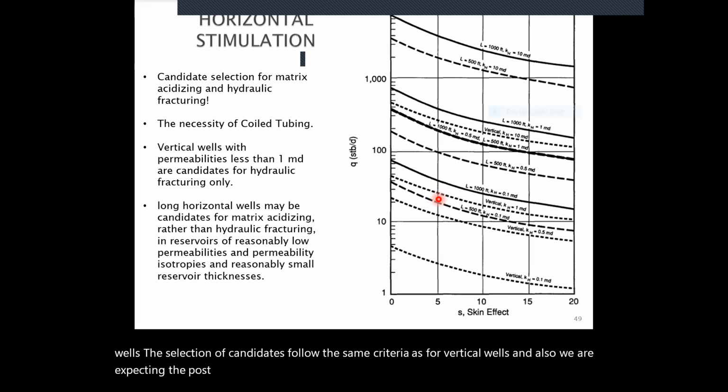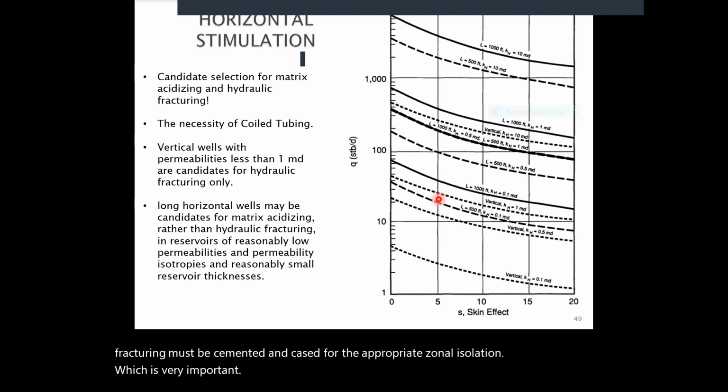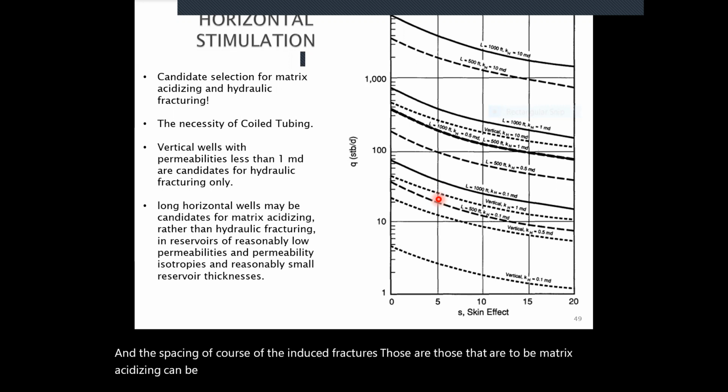While wells that are candidates for hydraulic fracturing must be cemented and cased for the appropriate zonal isolation, which is very important, and the spacing of the induced fractures, those that are to be matrix acidized can be open hole, slotted liner, or pre-perforated liners. Of course, they can also be cemented, cased, and perforated if completion considerations are indicated.